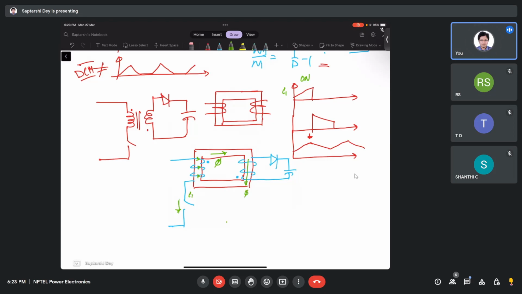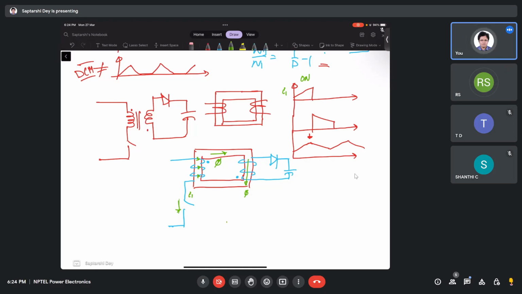If the flux is increasing, the secondary winding will try to create a flux upwards to oppose the flux. Now if it tries to create a flux upwards, it will try to push a current like this, so that will not be possible because of the diode. So the secondary side will be off when the primary side is on. Understood?